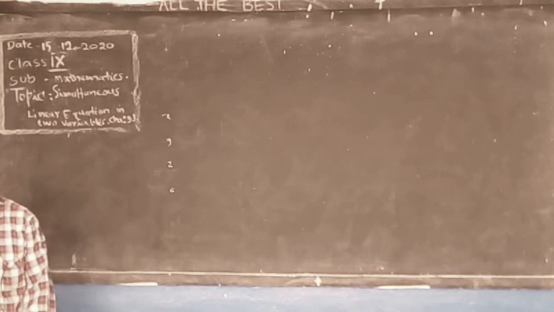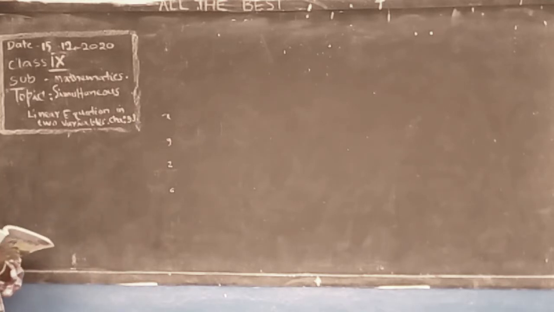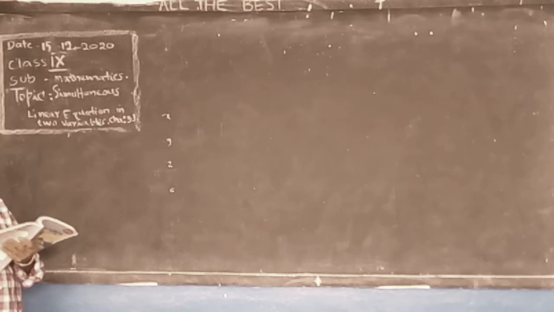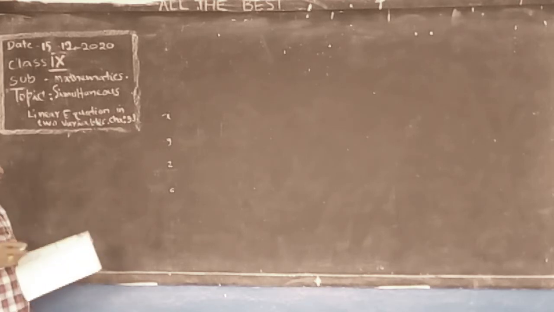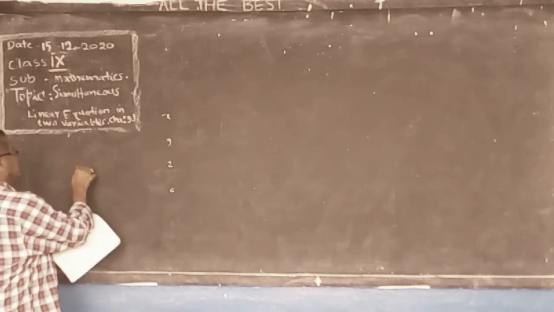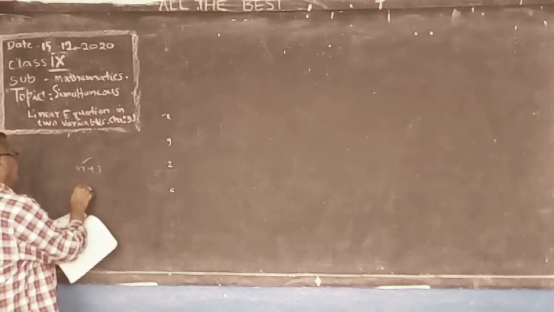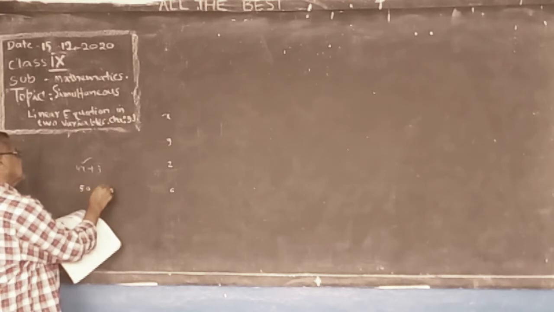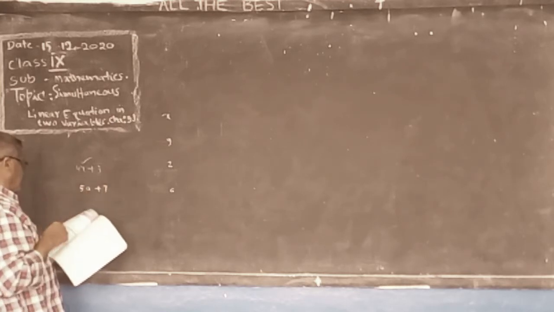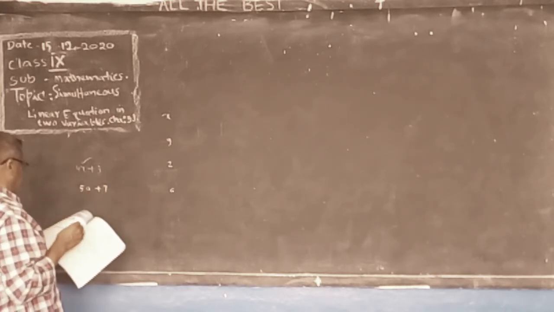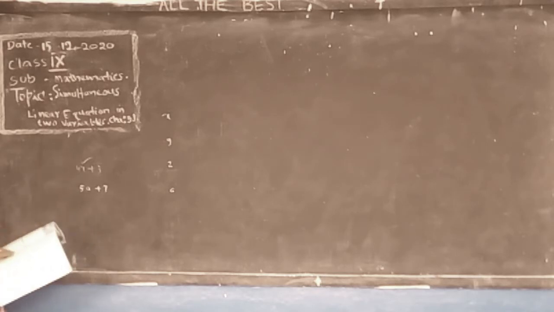In linear equations in one variable, 4x plus 3, here one variable; 5a plus 7, here one variable. So writing in only one variable, that is a linear equation.